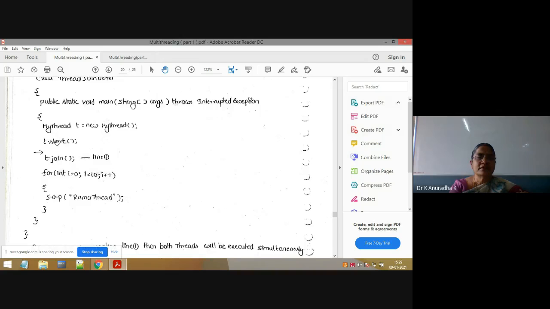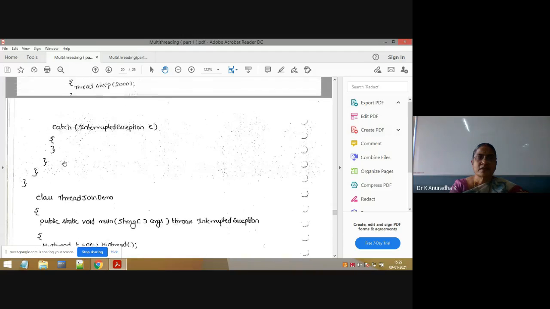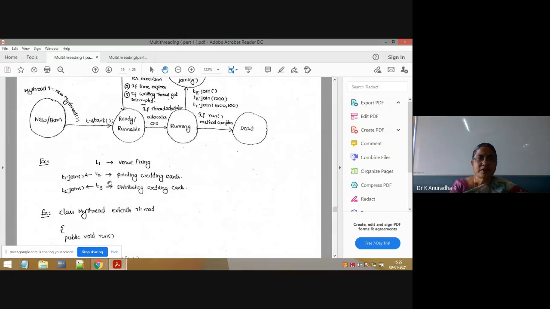So inside the main thread, I am writing t dot join. Here how many threads are there? Main is one thread and this is the child thread. So inside the main thread, I am writing t dot join. Correlate this with the example I have shown: inside T2, if I write T1 dot join, what does it mean?